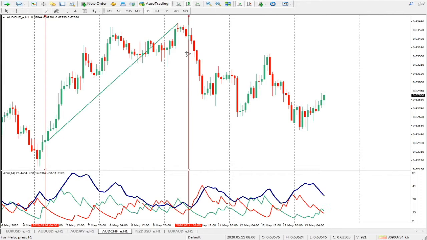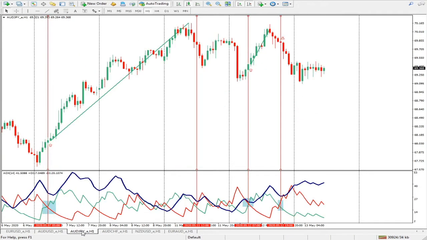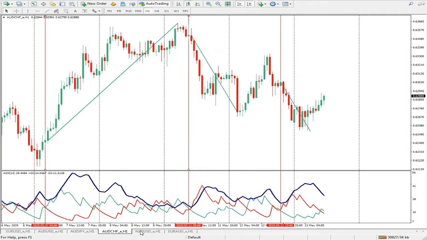We had a sell. Then we check yesterday, because yesterday we also had a sell on AUD USD at around 7 in the evening. So you can see that you had very similar trades. And to make it even better, you are using an indicator which comes with MT4.